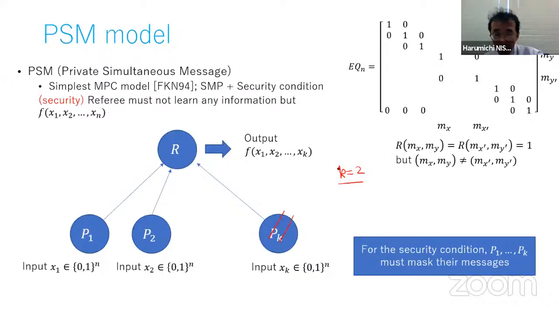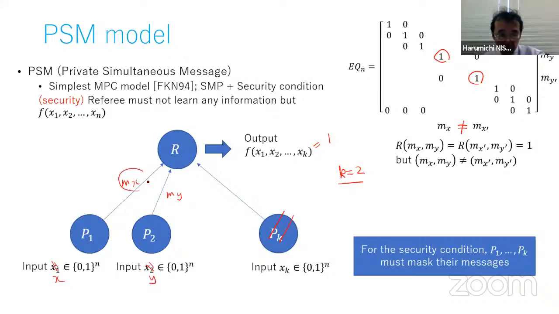The first party sends M_X, the second party sends M_Y. In this case, we already see these must be different to compute the equality function. But this and this have the same output. So the referee, if we get equal, the input is the X and Y case.